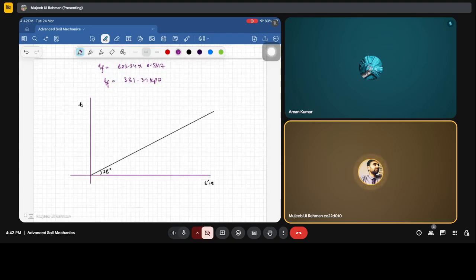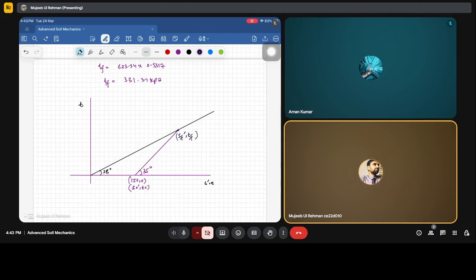So 35 means it will be somewhere like this. It's very curved, like this. So it will meet somewhere here. So this was 35 degrees. Fine. So this is given 150, 0 is the initial state of soil. Now this was S naught dash T naught, and this corresponds to SF dash TF.